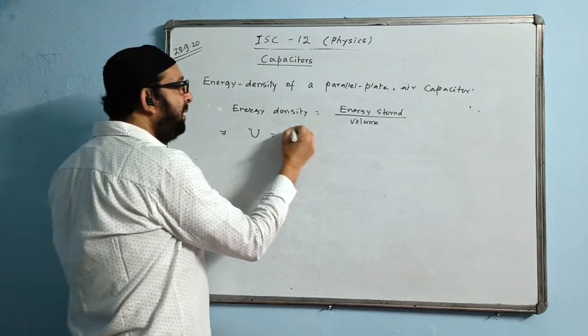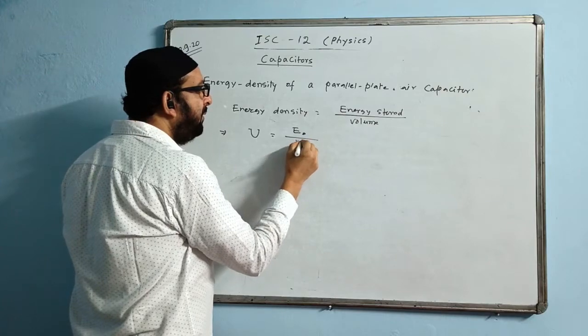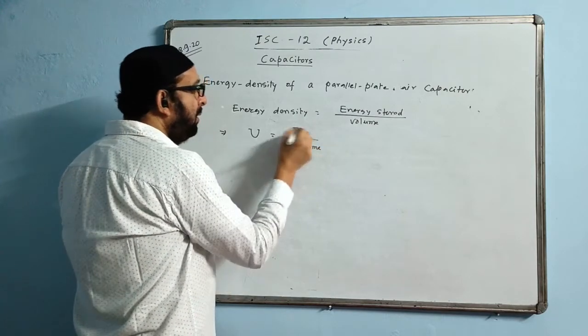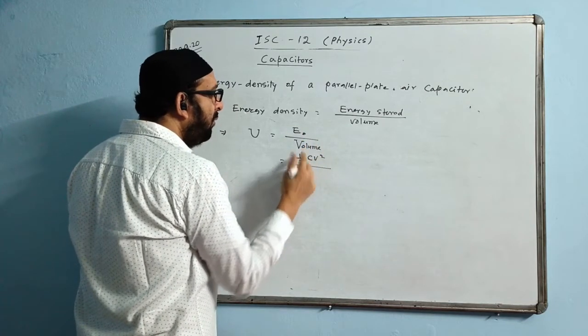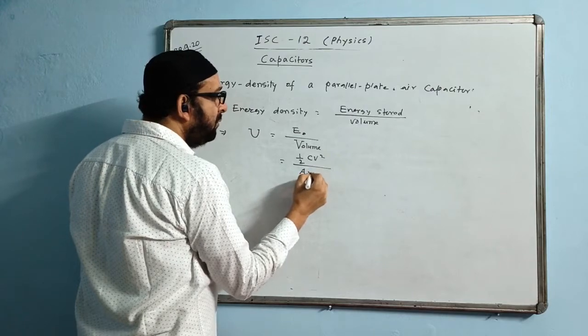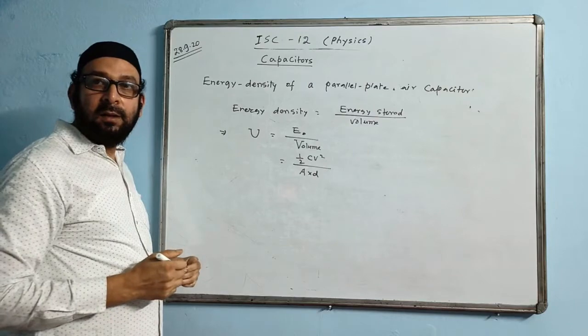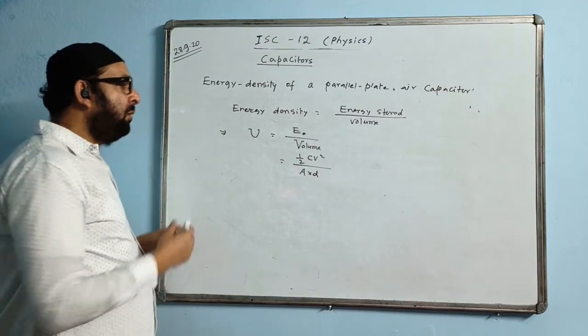Energy stored we have E naught, and the volume we write as capital V. For E naught we have half C V squared, and for volume we have area of cross section into the distance d, the area of each plate into the distance between them. That will make the volume.